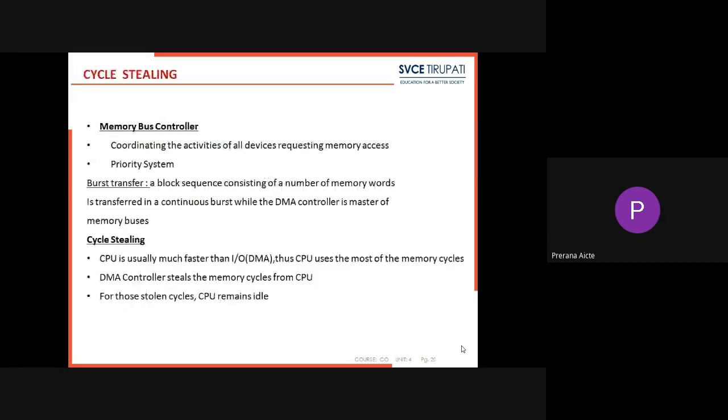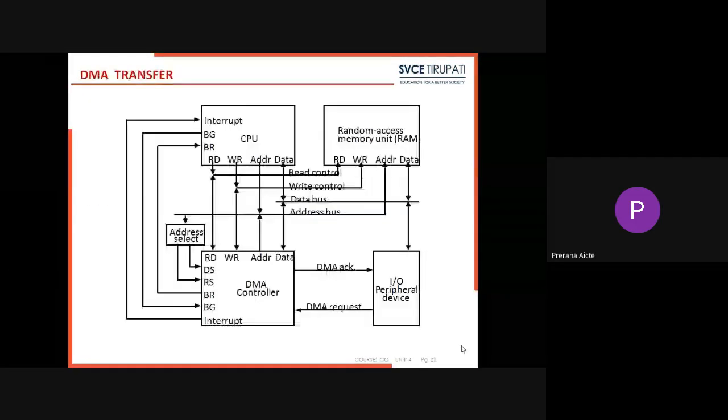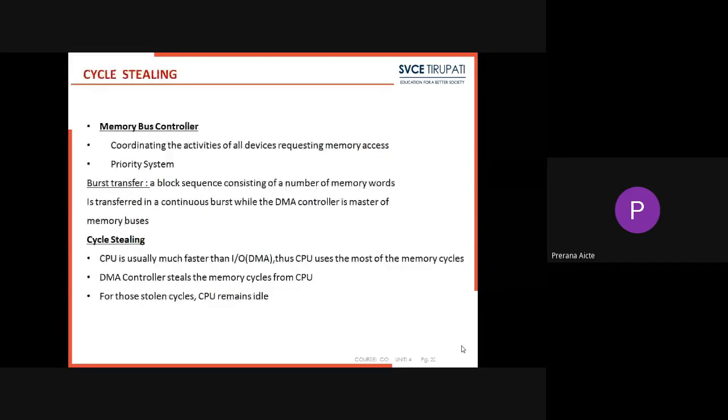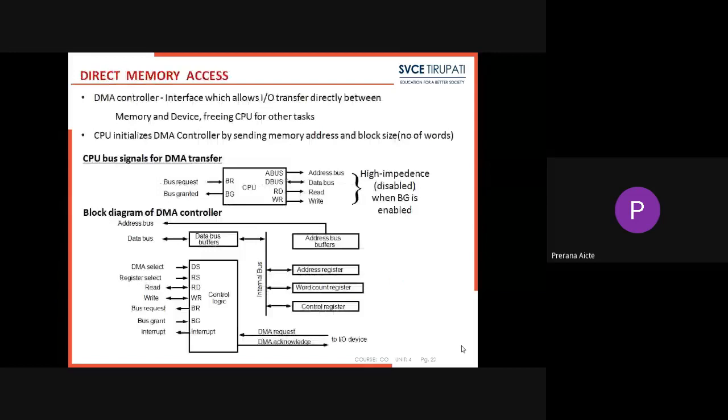So next one, what is DMA controller? The DMA controller unit communicates with the CPU via data bus and control lines.